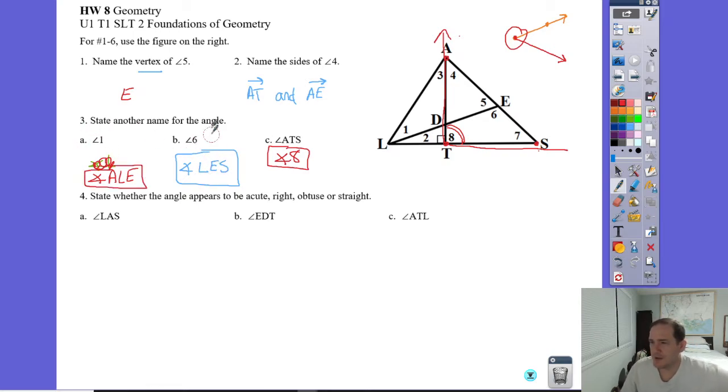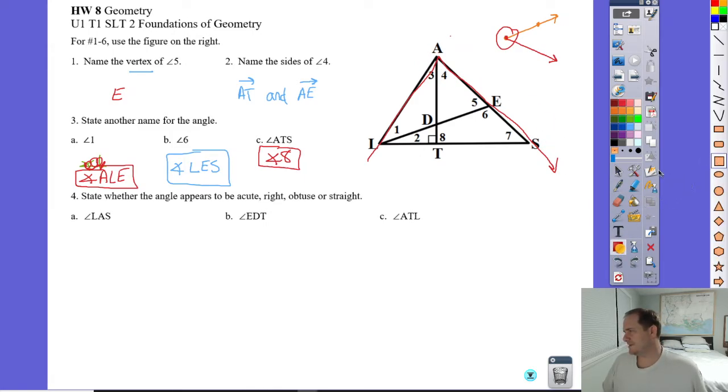We're good. All right, now it just says state whether the angle appears to be acute, right, obtuse, or straight. So you just look at the angle and you eyeball it. It says LAS. So L to A to S is this whole thing. I think a lot of people said that looked like a right angle, and it does. It does look like a right angle.